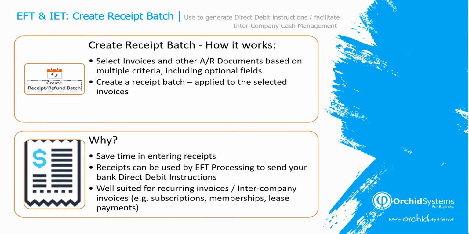And this is useful because it saves you time in entering receipts, and receipts can be created automatically and sent via EFT processing to your bank for direct debit instructions. And it's well suited for recurring invoices or intercompany invoices where you have a batch of invoices which you know you will always get receipts for, so it saves you time in entering those receipts. For example, subscriptions, memberships, or lease payments.